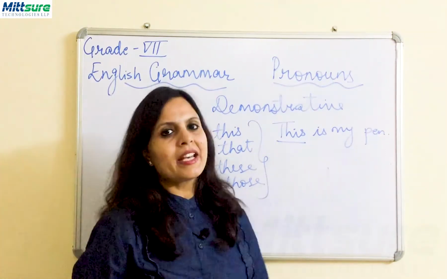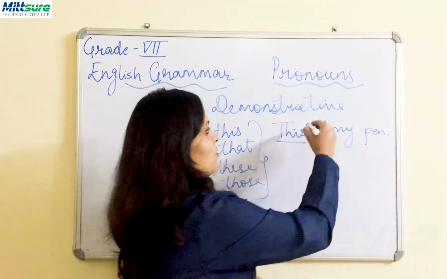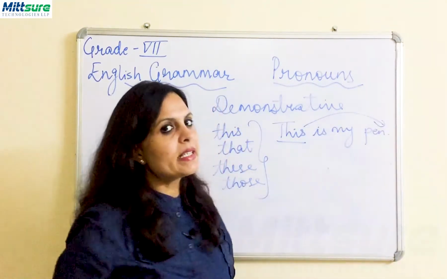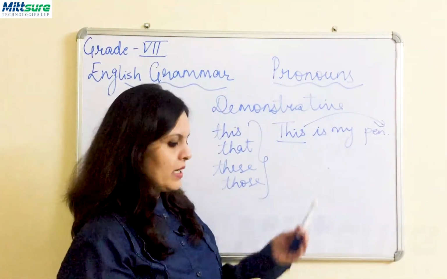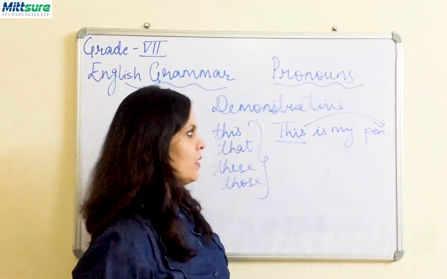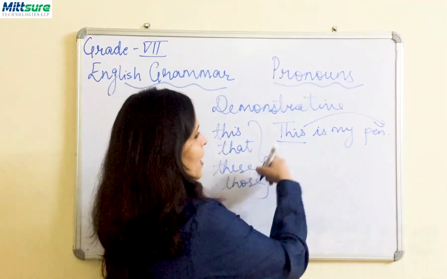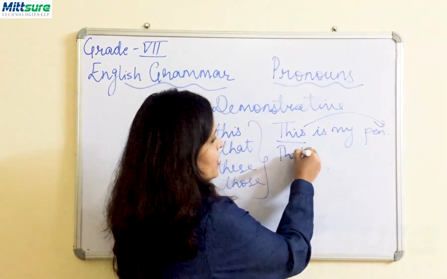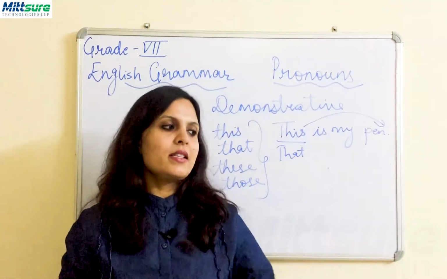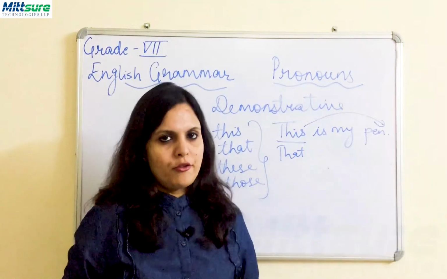But the sentence begins with this, and it stands for a noun, pen. Pen is a thing, and this pen is somewhere nearby us, so we will say this is my pen. If I replace it with that, I will say that is my pen, as in the pen is lying a little far from you.